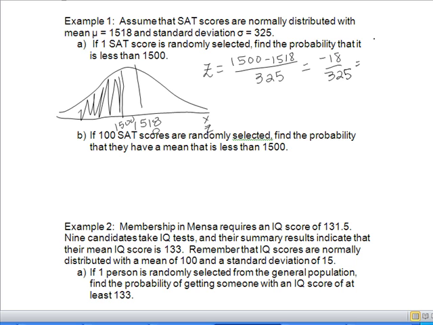I want to go over to 06. It's 0.4761. So the probability x less than 1500 is 0.4761. So that's the old type of problem we've been doing.